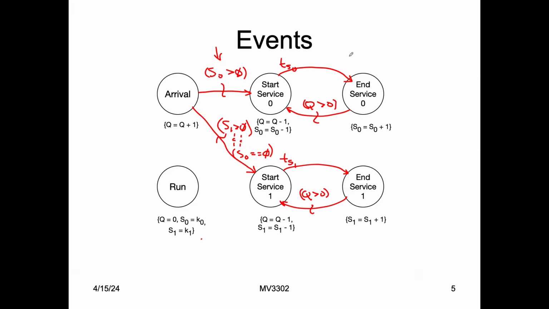Great question. The question is, what if we have an end service 0 event and an end service 1 event at exactly the same time? As long as we're using continuous probability distributions, that's not going to happen. That's where we would add a slightly higher priority. Remember, we had two levels of priority here. I would add a higher priority to that and a high priority here.